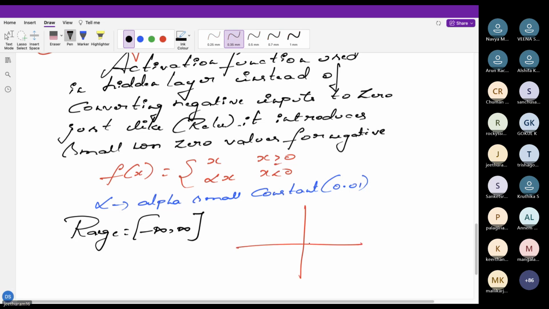For positive, it will be like this only. For ReLU, all negatives got converted to zero. Now coming to leaky ReLU, since we are adding a constant alpha multiplied with x, that means we are introducing small negatives. This is leaky ReLU.